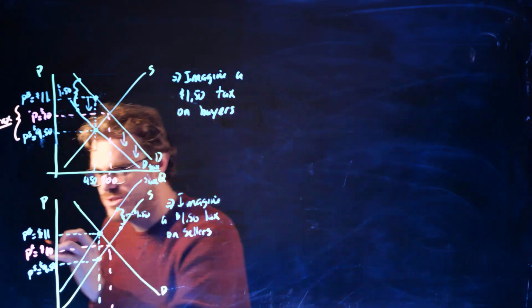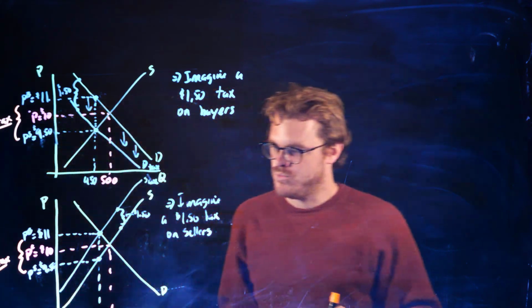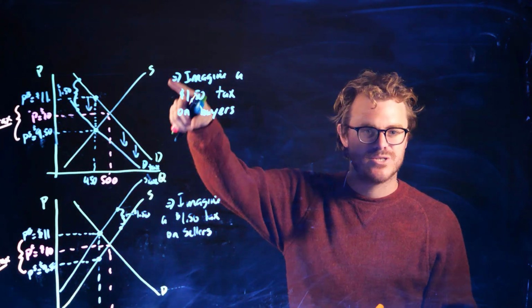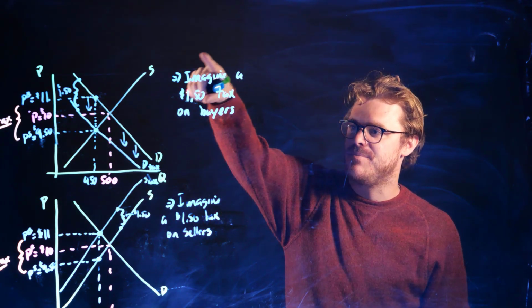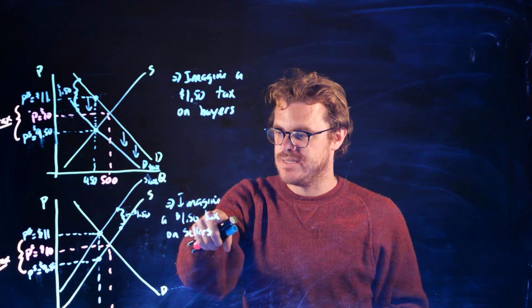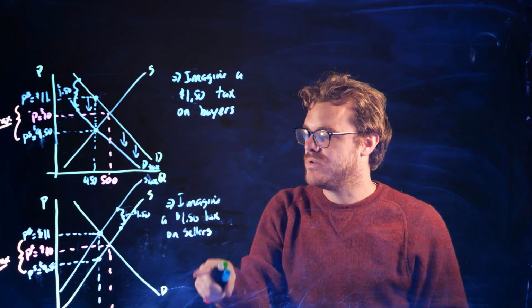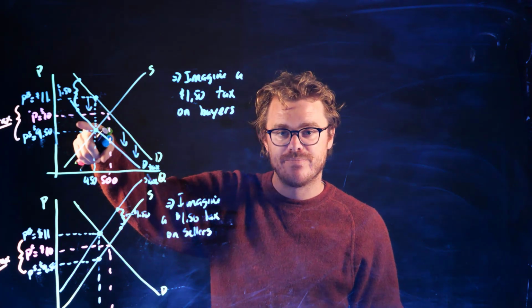Again, the difference between these two is the tax. Notice these numbers are the same between these two graphs. Doesn't matter if we put the tax on the buyers or the sellers. The resulting effect on the market is the same.